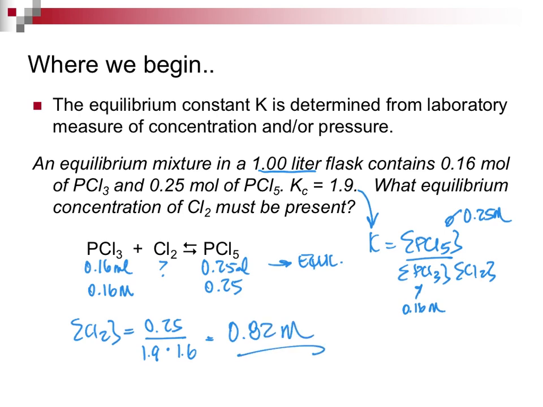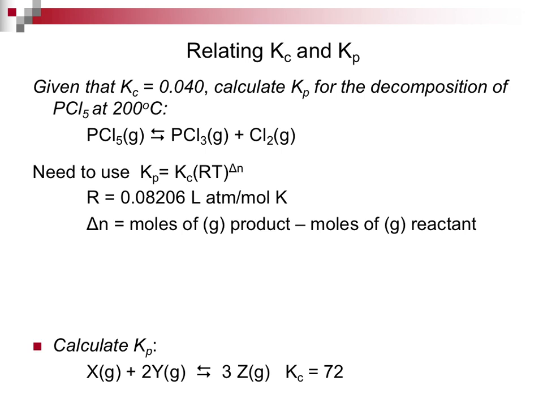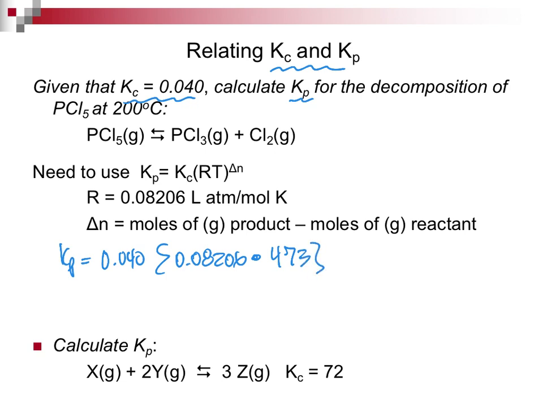That's our first example. Our second example in this system is to talk about Kc and Kp. Same equation, we're given the Kc in this case, we're asked for the Kp. So we'll say Kp is equal to our Kc, 0.040, multiplied by R, 0.08206, multiplied by temperature in Kelvin, which is 473.